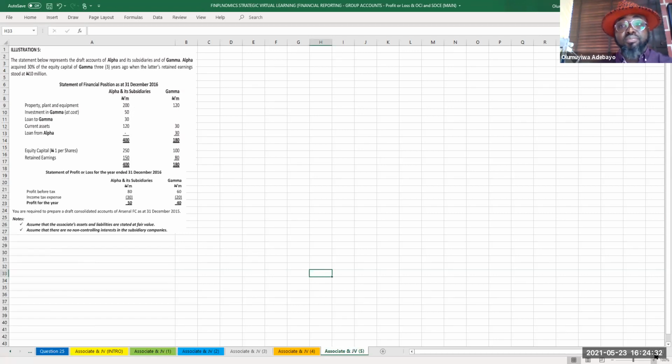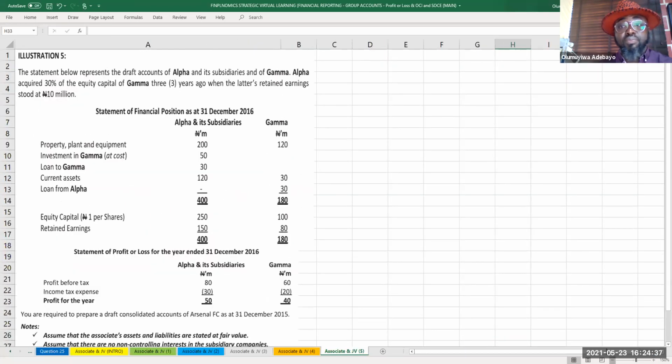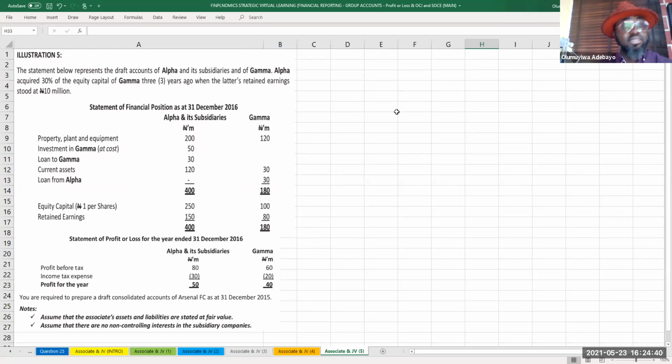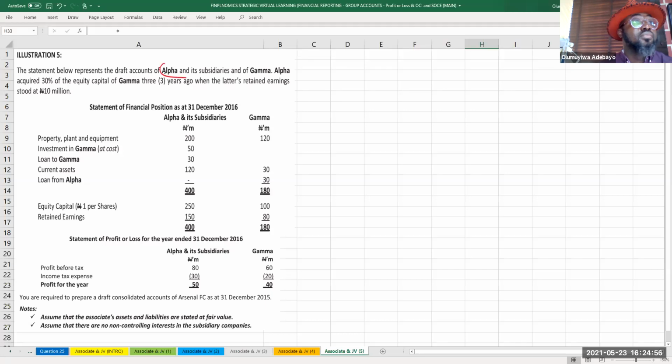Now, this is the question. Now we can see the question at a glance. What has happened in this case is that the Alpha and its subsidiaries account has already been consolidated. Where you see Alpha Group, you know they are talking about consolidation. This is the combined results.